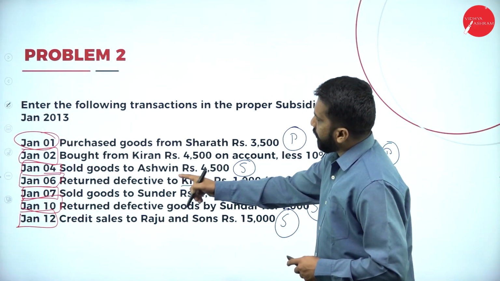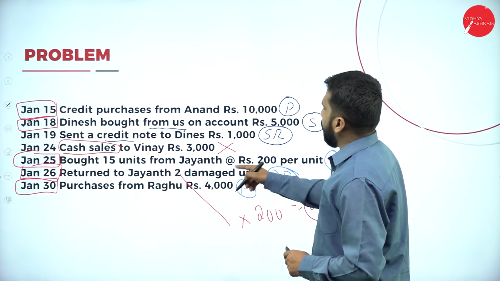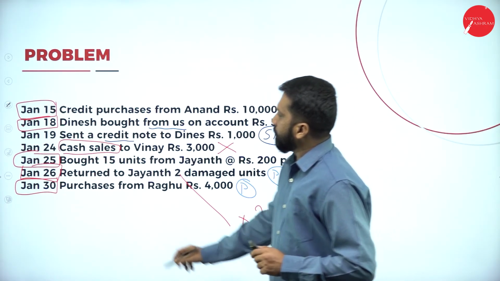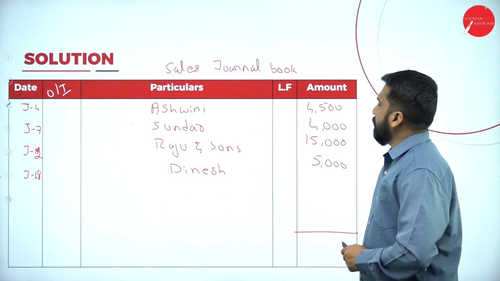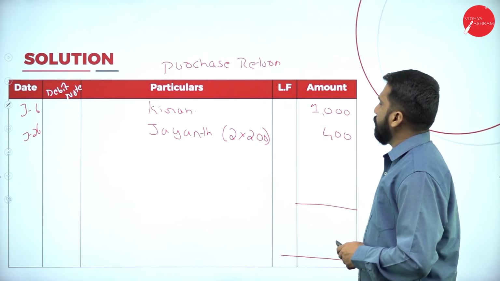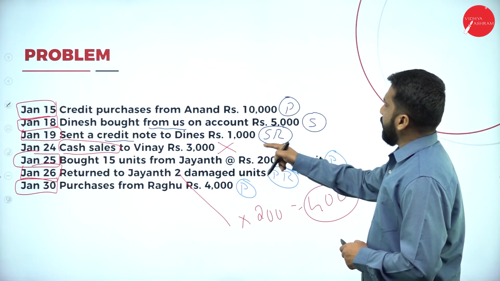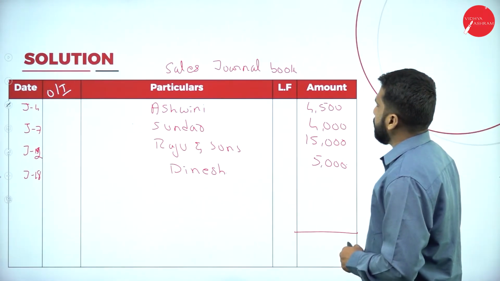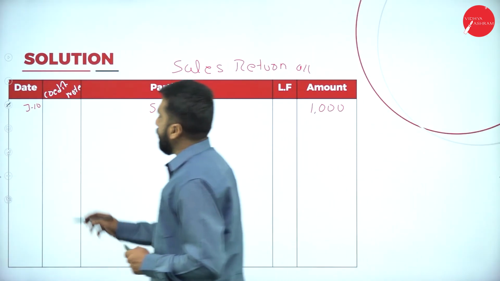In the first sheet, everything it is completed. In the second one, sent a credit note to Dinesh. Dinesh is how much? 1,000. January 19th. So what is the name? January 19th, it is Dinesh 1,000.